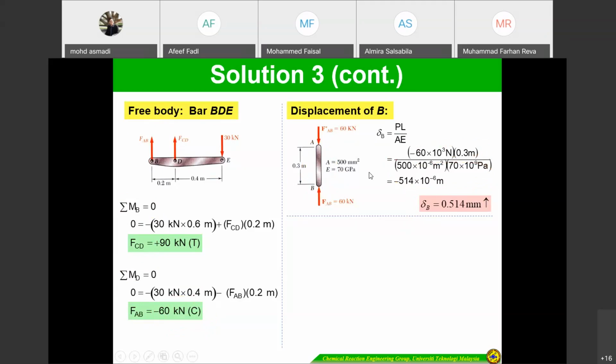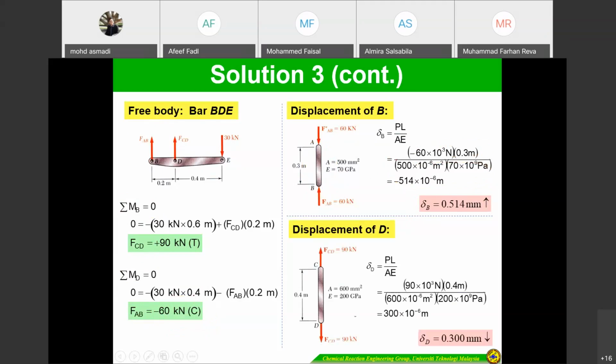Similarly, we have to analyze bar CD, which gives the displacement of point D, so that we can get 0.3 millimeter. The displacement should be in meter, millimeter, centimeter, or inch, because this is displacement or deformation, right? So FCD is tension, so the value is positive.